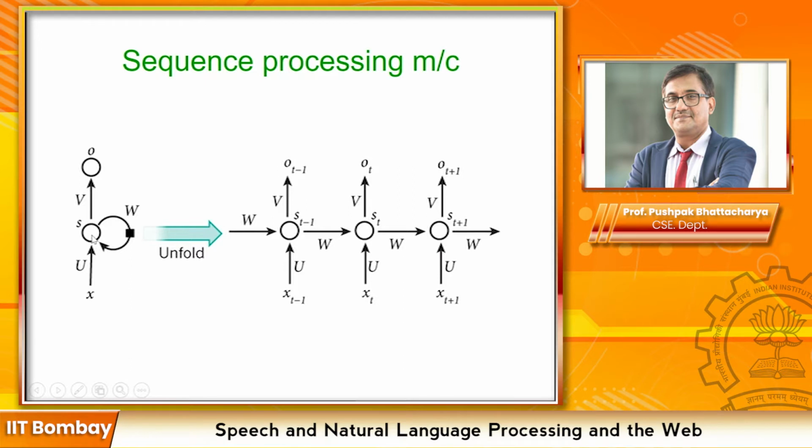So this is not a single neuron, by the way. This can be an assembly of many neurons or a single neuron. And then from the neuron going to the output layer, another set of weights called V, and a self-feeding set of weights, which is the feedback connection.